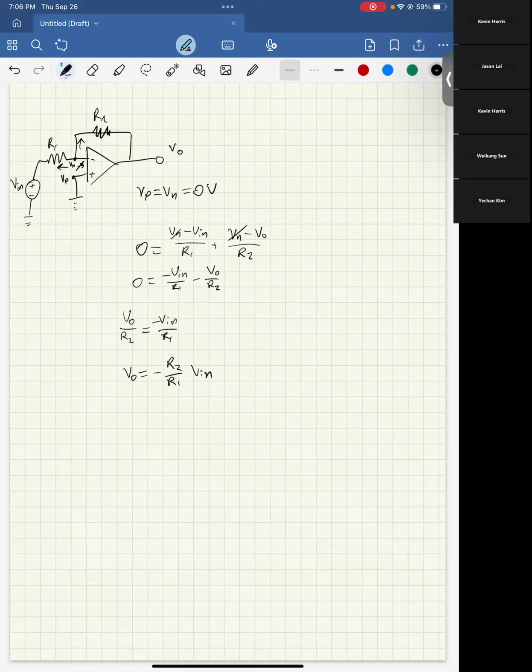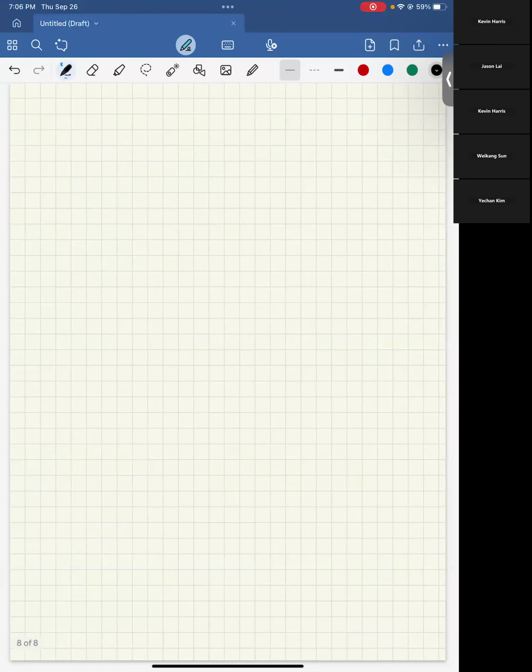Okay, this one's pretty straightforward. So we have this op amp. This is something you might actually have in the quiz because this is pretty doable in your time frame. I messed this up drawing it.